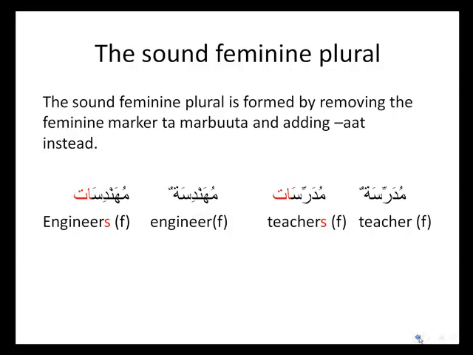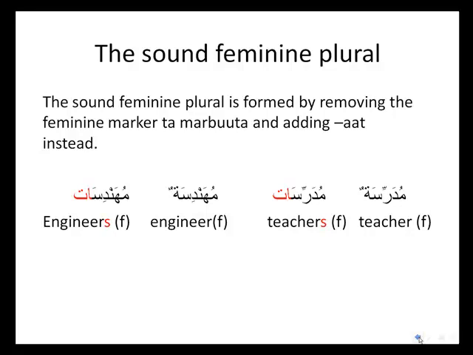So mudarrisatun, a female teacher, becomes mudarrisat, many female teachers. Muhandisatun, a female engineer, becomes muhandisat, many female engineers.